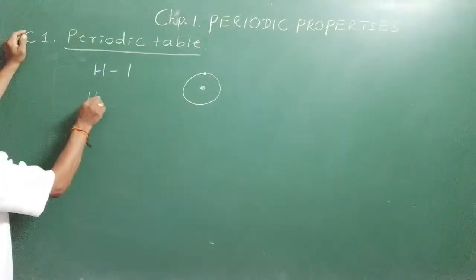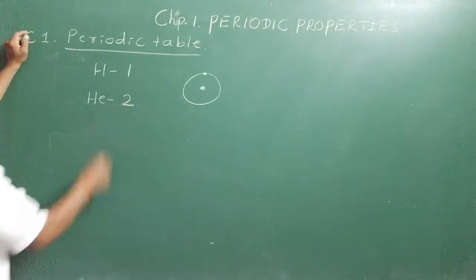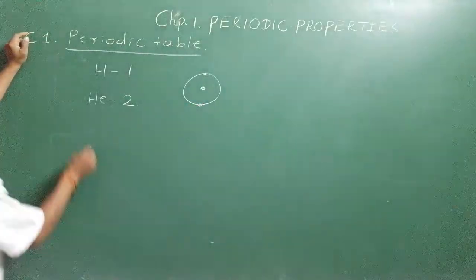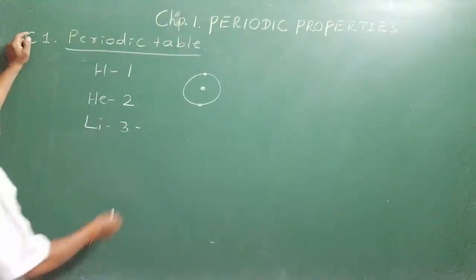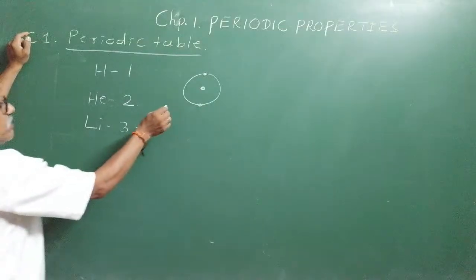Helium has atomic number 2, which means in the K shell it will have 2 electrons. Lithium has atomic number 3. Like this, electronic configuration can be written.